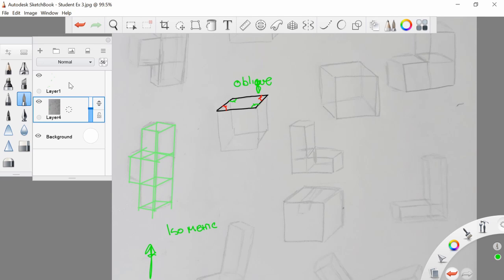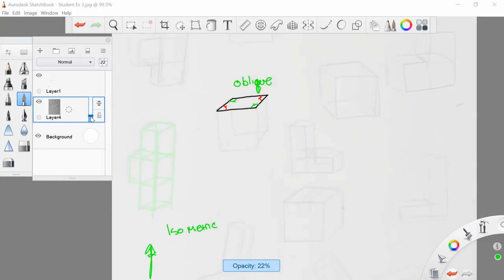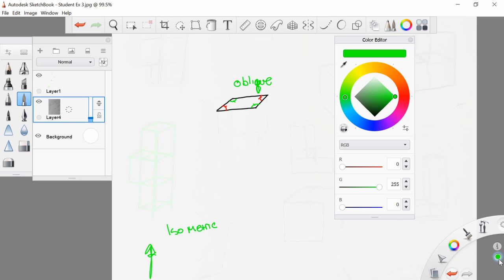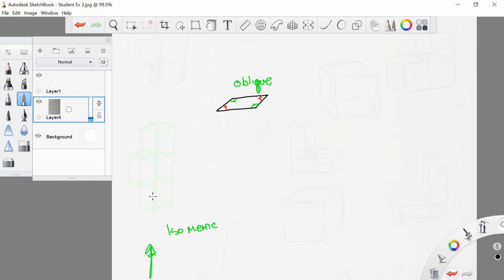Let's knock that back even further, and I'll show you how it would look with the draw over. Keep in mind, you don't need to have a Wacom. Artists have been working this way for a long time, and before we did this on tablets, we did it with tracing paper.